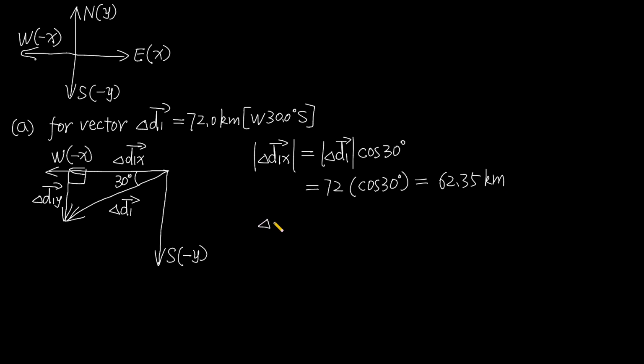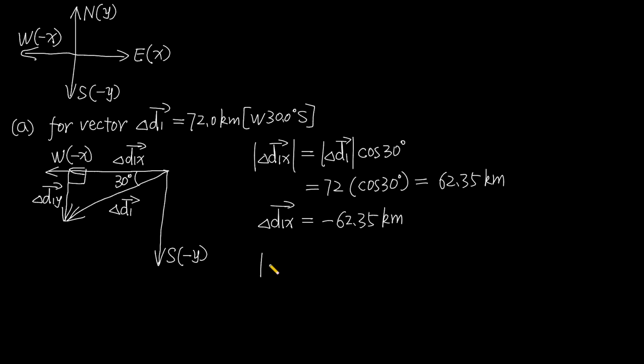Then the vector delta D1x is just negative 62.35 kilometers. It's negative because its direction is the negative x direction.